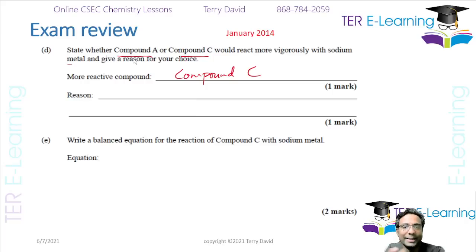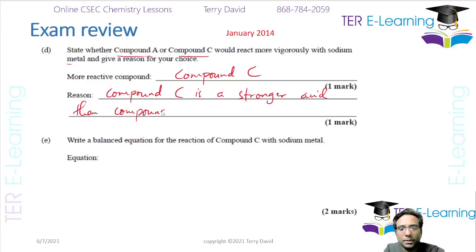And the reason why is that compound C is a stronger acid than compound A. Now, we know that propanoic acid is a weak acid, right? But we're comparing compound C and compound A. That's why I'm using the word stronger in that sense, right?